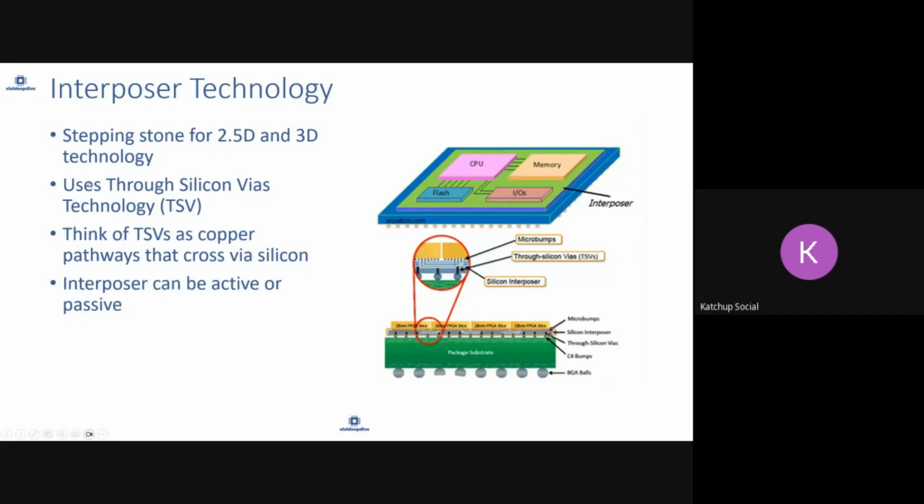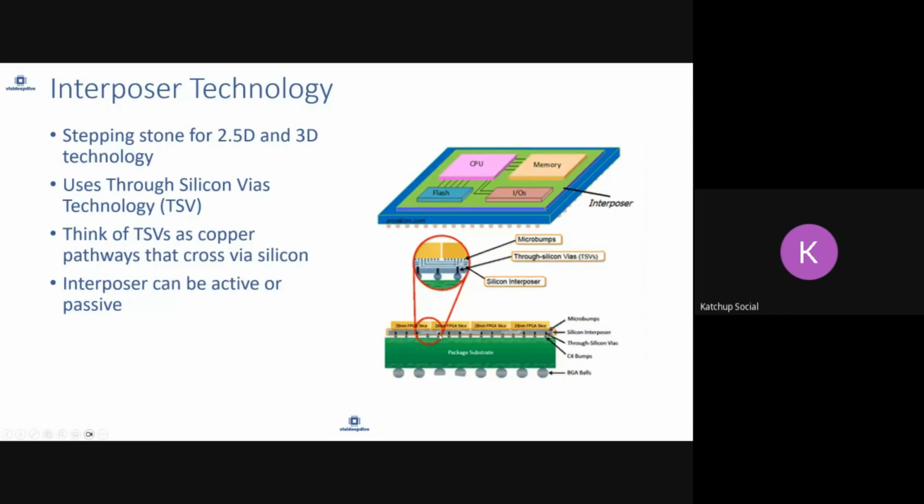It also uses something known as through silicon vias technology. Think of through silicon vias as copper pathways that cross silicon vertically. So you are not only connecting horizontally, you're also connecting vertically. Like this, you're connecting each IC to each other horizontally, but through silicon vias, you're also connecting vertically.